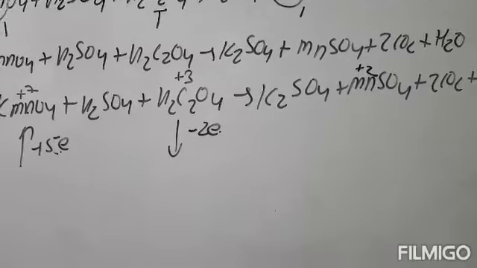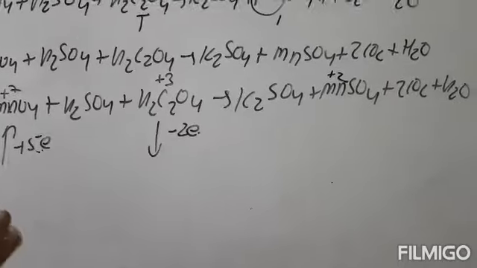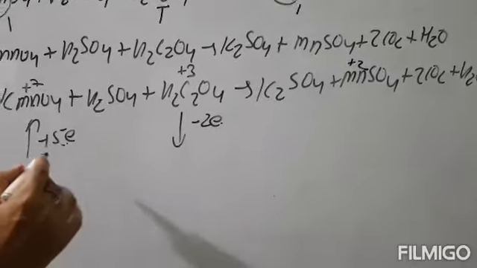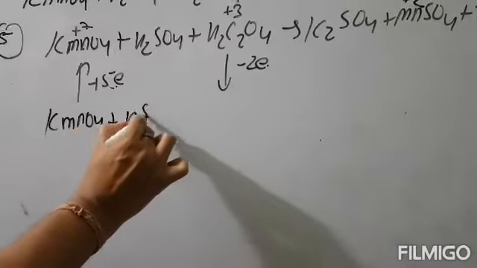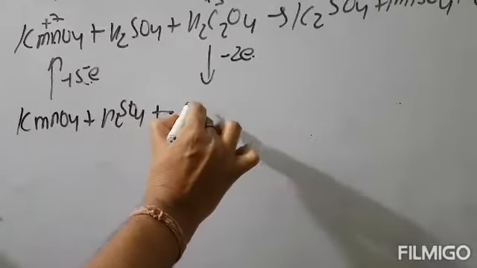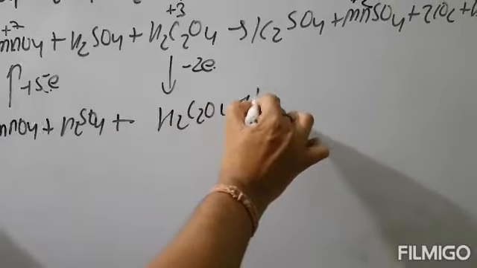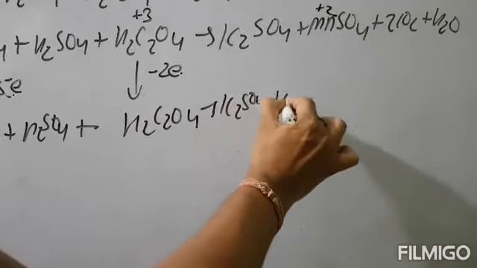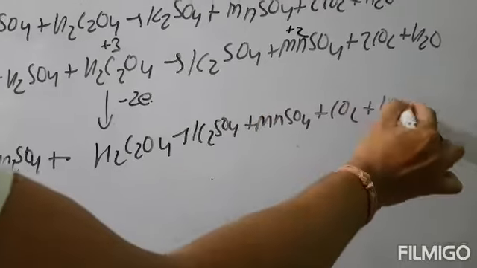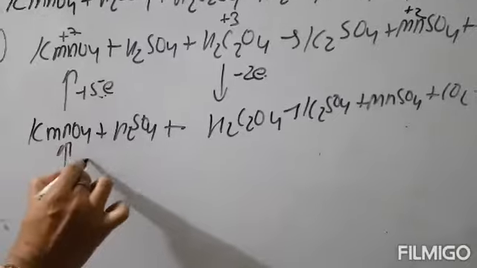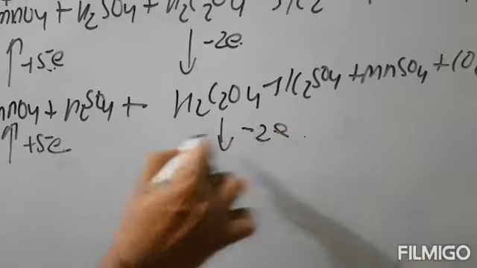Then we make the number of electrons lost and gained equal by adding suitable coefficients. KMnO4 plus H2SO4 plus H2C2O4 is giving you K2SO4 plus MnSO4 plus CO2 plus H2O. In Mn we add 5 electrons and in carbon minus 2 electrons.